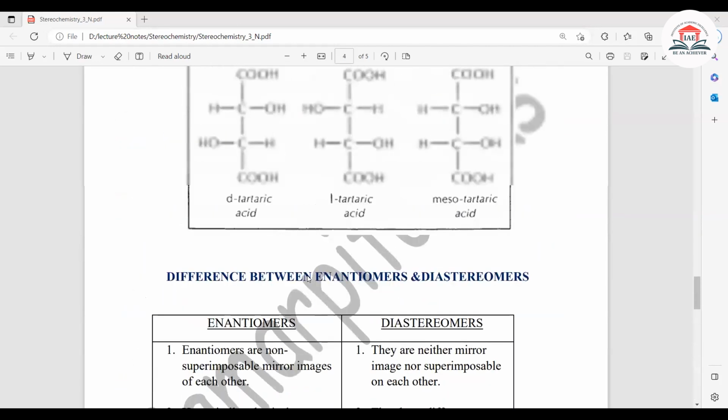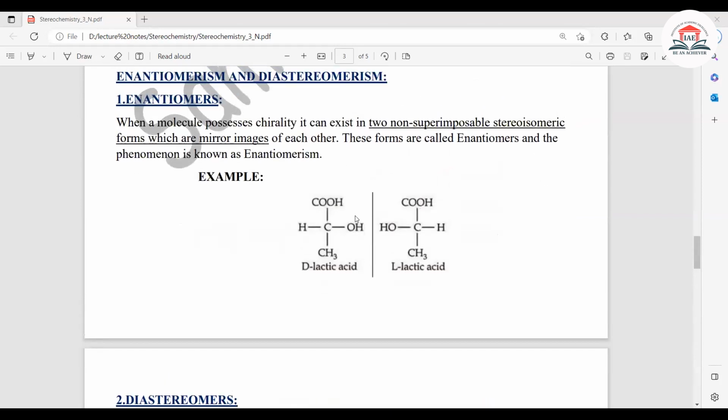Yes, it can be done. For example, if the OH group is on the right side, then it is called the D form. But this is not always accurate; it holds for OH groups in particular, or maybe a Cl or Br group.